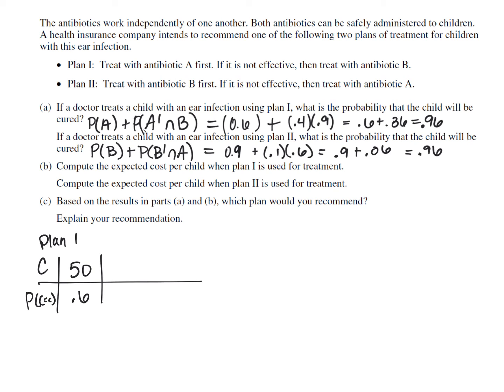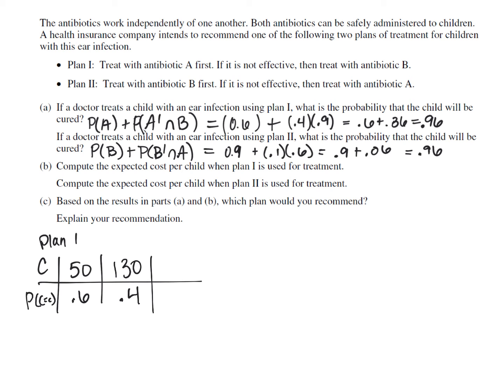Okay, now what's next? If they already paid for A and now they have to pay for B, what's the cost of that? $130, right? And the probability of it costing $130 is 0.4.